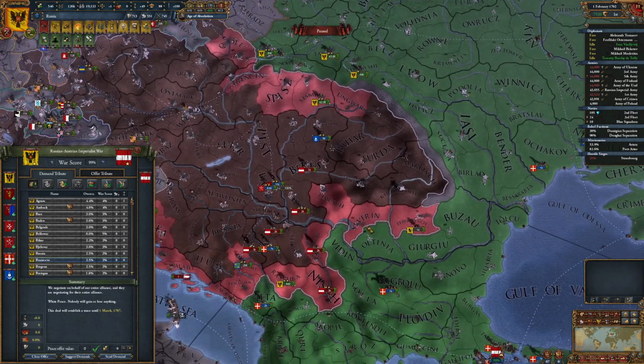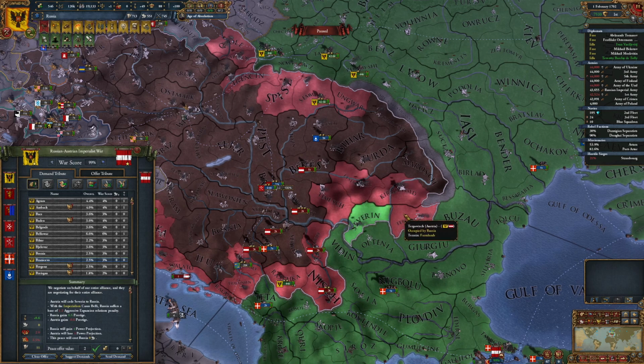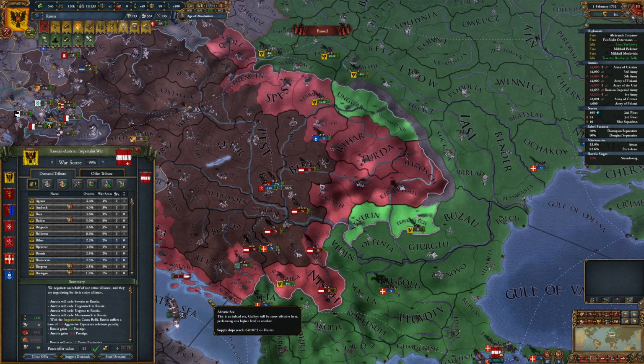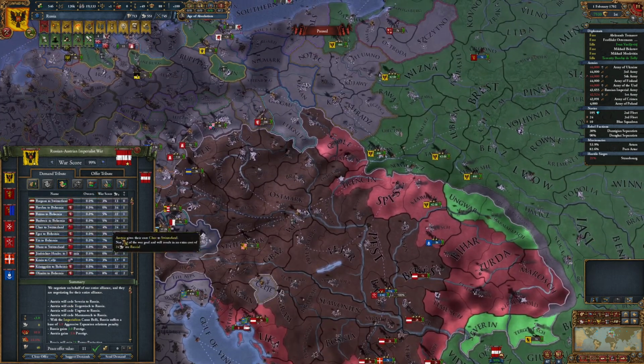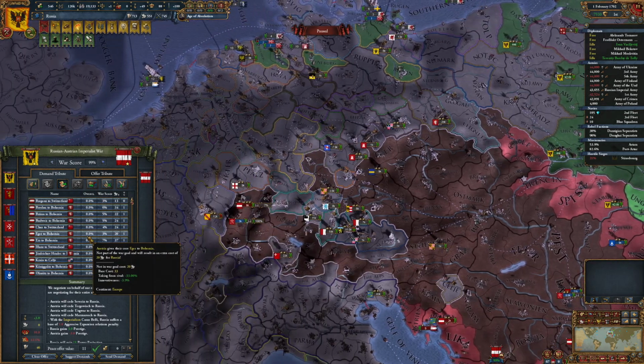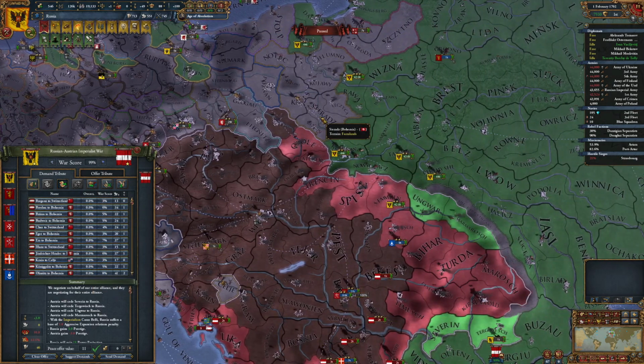Now, what we need from Austria is these 4, at the very least. I'm not going to force Austria to give back any Bohemian provinces.